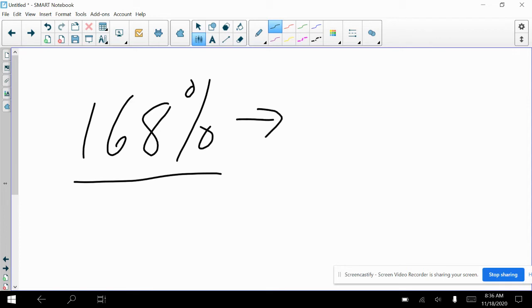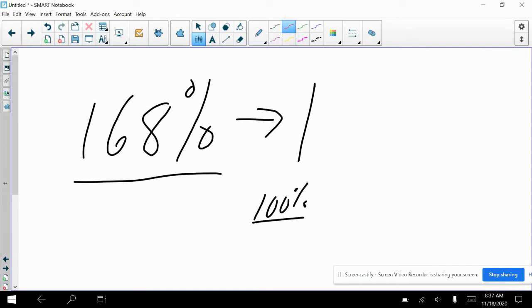All right, so now we have something that is larger than 100%. So what type of a fraction are you going to have, Emma? Okay, you got to have a mixed number here, right? So the easiest thing to do is obviously 1, because that represents 100%, right?